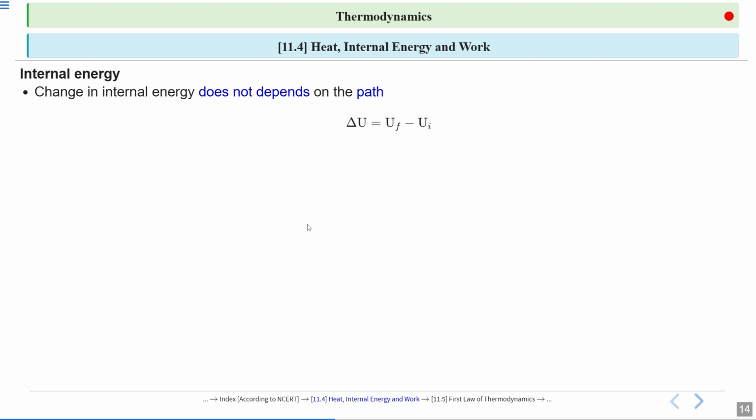But if initial state and final state are different, the change in internal energy is non-zero. So simply, we can say internal energy depends on the initial and final states. So delta U, the change in internal energy, is equal to UF minus UI. Here, UF is the final internal energy, whereas UI is the initial internal energy.